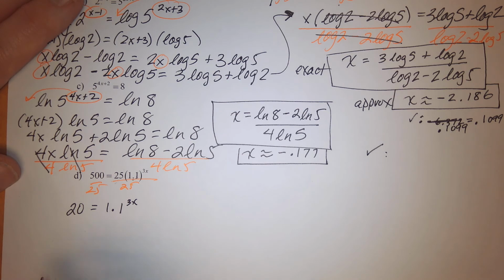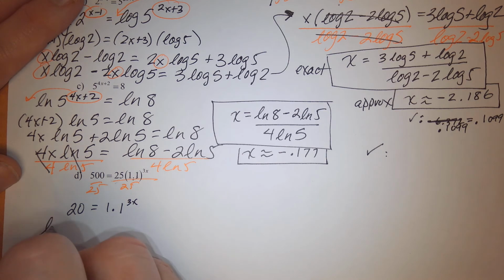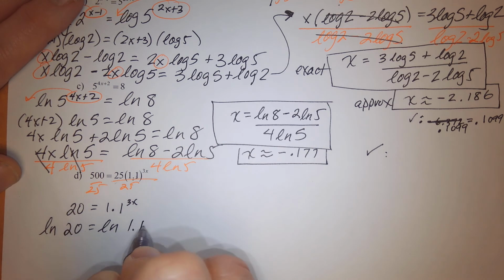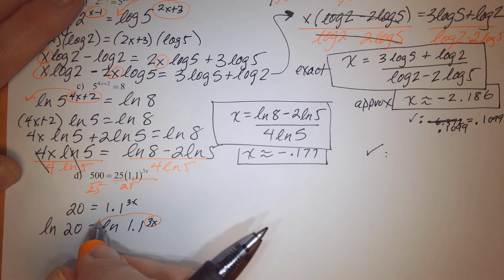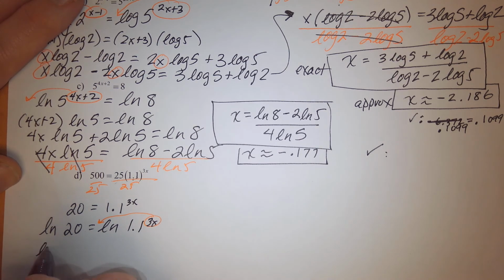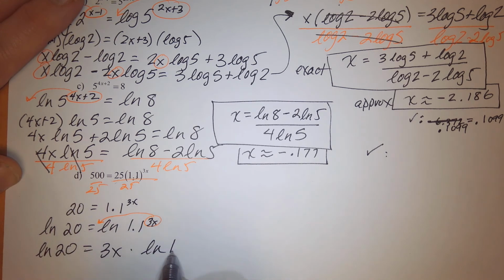So now I'm going to take the log of both sides, or natural log, whichever you prefer. I can bring that 3x as an exponent down in front of the log. So this becomes natural log 20 equals 3x times natural log 1.1. Then I'll divide by 3 natural log 1.1.